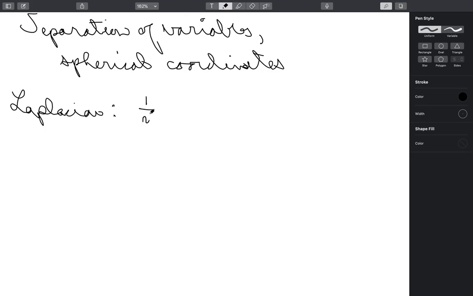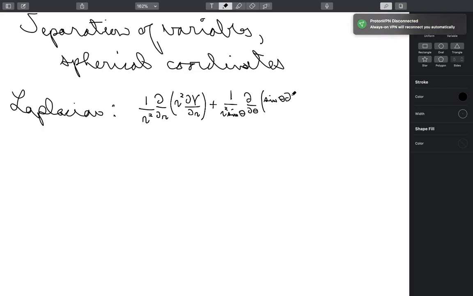The Laplacian goes like this: 1 over r squared, then a derivative with respect to r of r squared times the derivative of our potential V, dV/dr. That's the radial part. Then the theta angle part is 1 over r squared sine theta, and a partial derivative with respect to theta of sine theta dV/d theta.